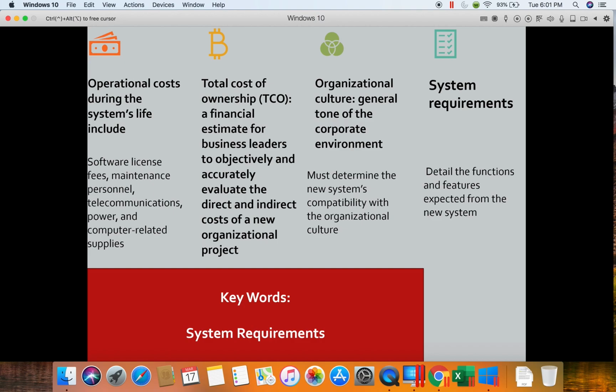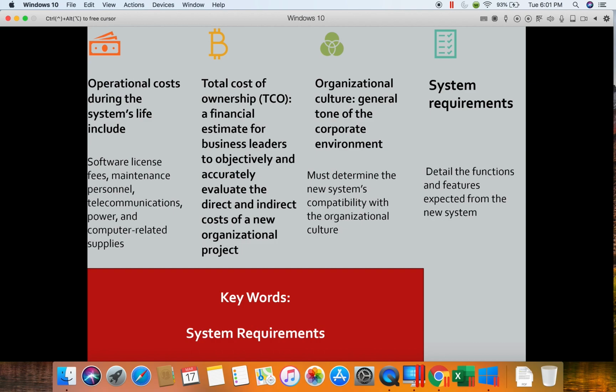So it's everything it needs to be able to do and all of the questions that we need it to be able to answer. If I know that I'm going to be emailing purchase orders out, I need to make sure it will handle those purchase orders and it will print them in the format I want, automatically email them the way I want, and that my vendors are going to be able to then respond to that information.